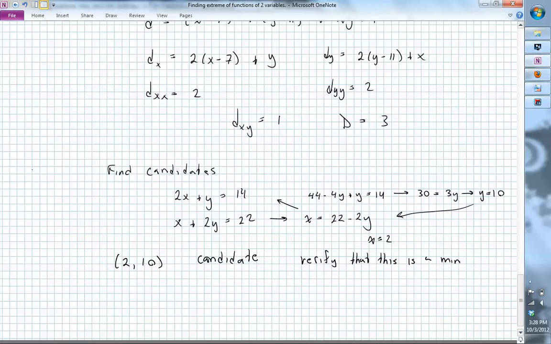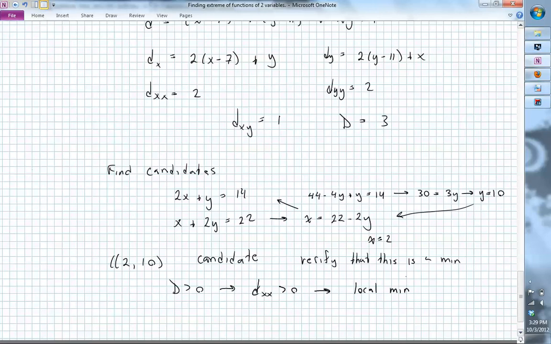So D is positive, right? Because it's always 3. And now what do we need to do? So we know that D is positive. So now we need to look at d xx. d xx is 2. That's positive. So what does that mean? Local min.